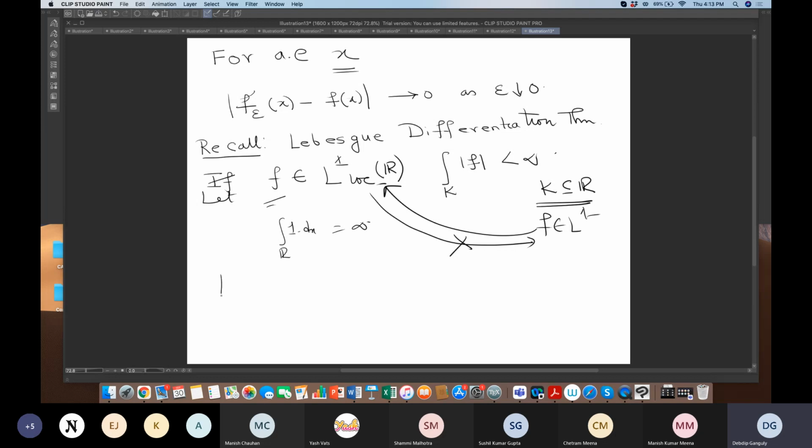Then this happens. The limit as r tends to 0 of 1 over the measure of the ball B(x,r), the integral over B(x,r) of |f(y) minus f(x)|.